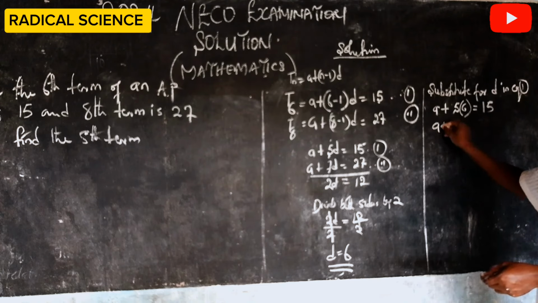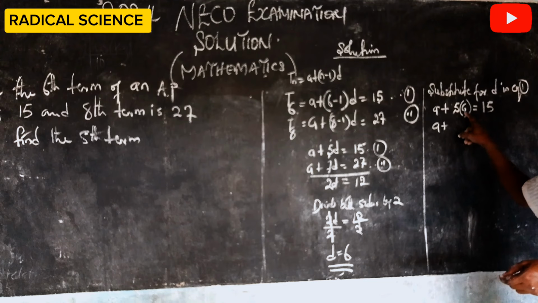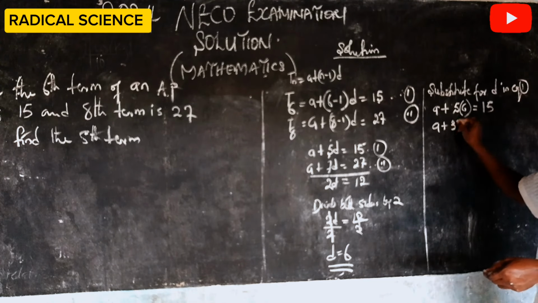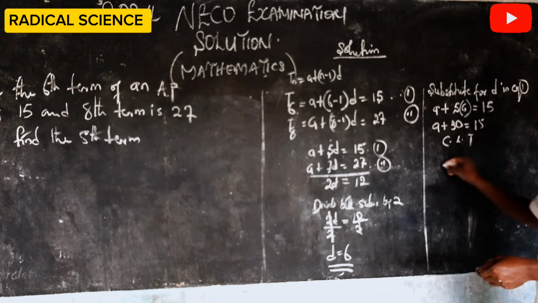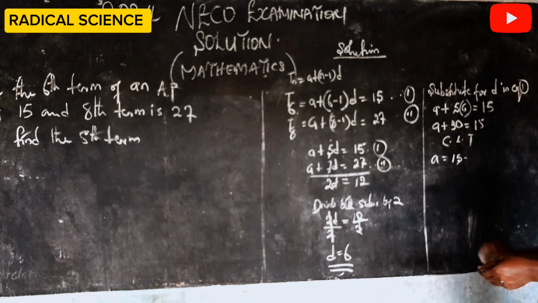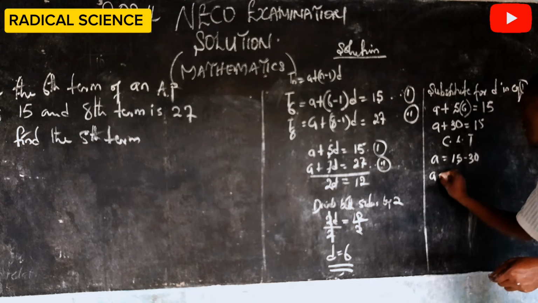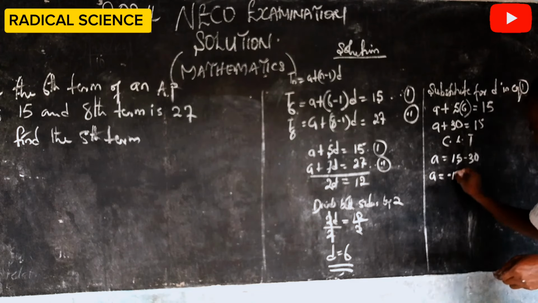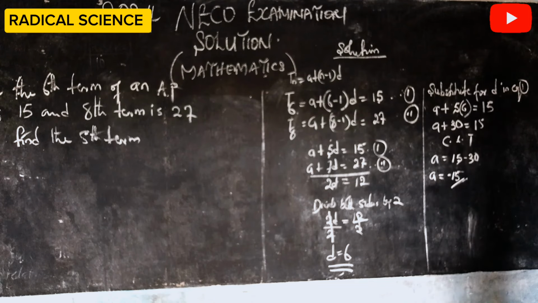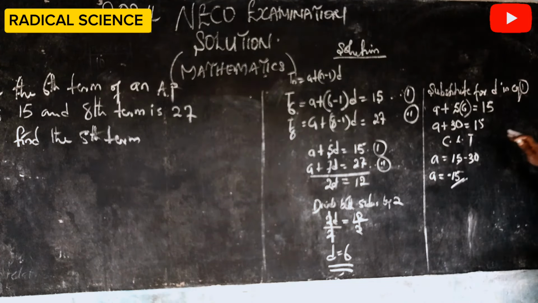If we open the bracket, 5 times 6 is 30, so A plus 30 equals 15. Collecting like terms, A equals 15 minus 30. Our answer is minus 15.